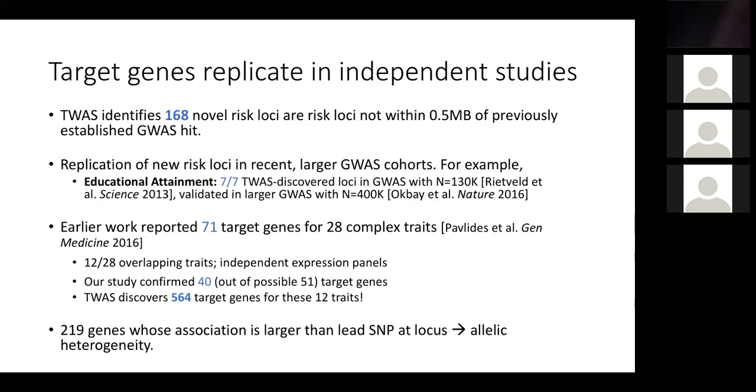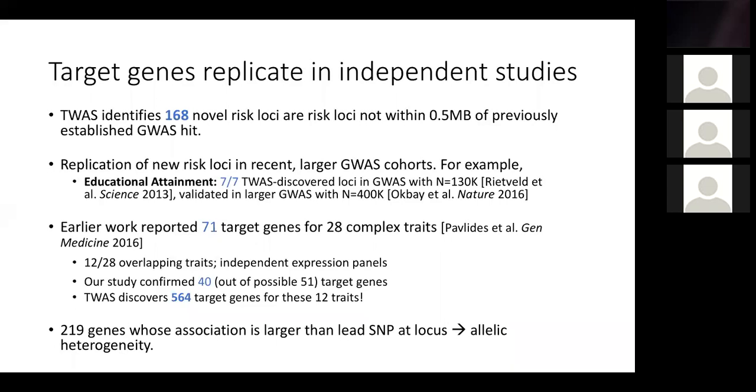As another external validation, we examined the overlap between our results and an existing report in Genome Medicine that came out recently. Of the 12 traits that overlap between our study and theirs, we recapitulated 40 out of the possible 51 target genes they identified.